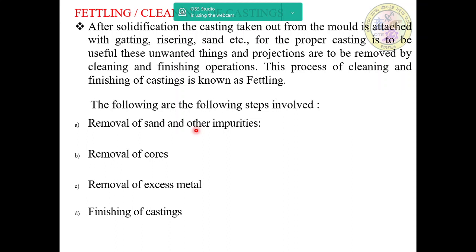Wire brushes, sometimes files and other tools are used in manual operations, while air blasting, hydroblasting and tumbling, etc. are a few equipments used in mechanical operations.